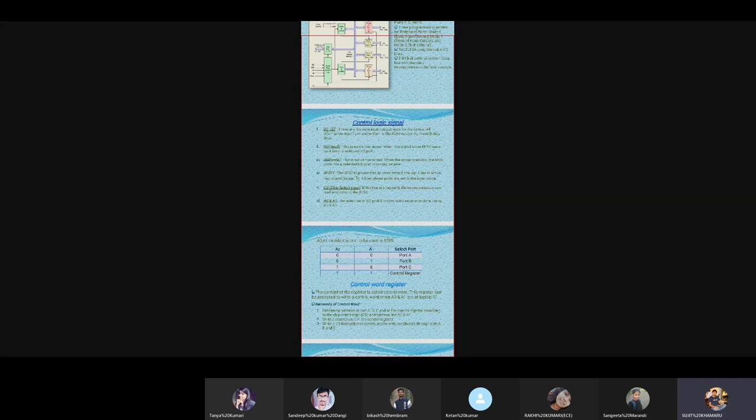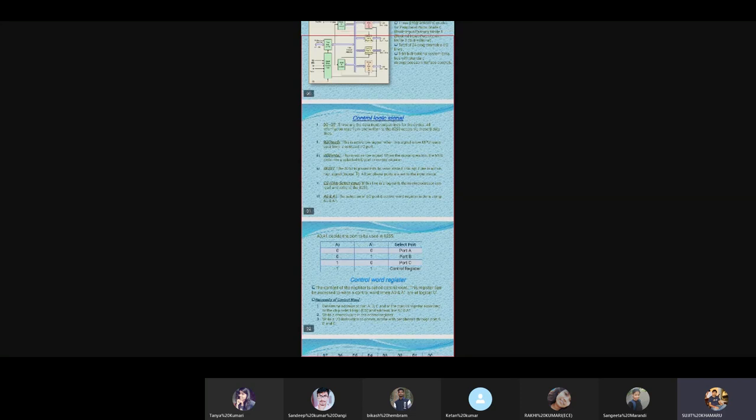When the value of A0 is 0 and A1 is 1, then port is selected.